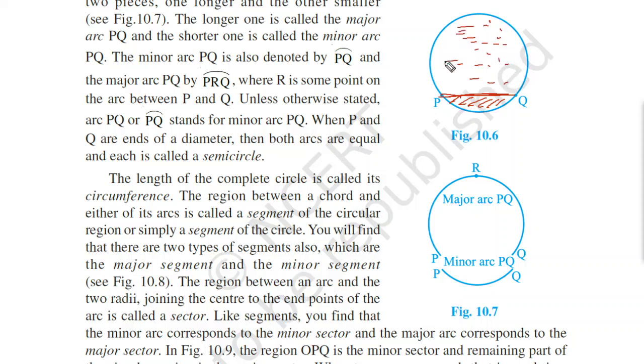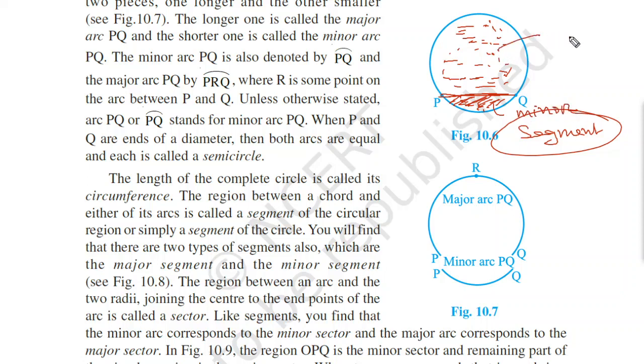So there are two parts. The first part is this shaded portion, and this dotted portion is the second part. We can say this part is a segment, so it is your minor segment, and this part is the major segment.